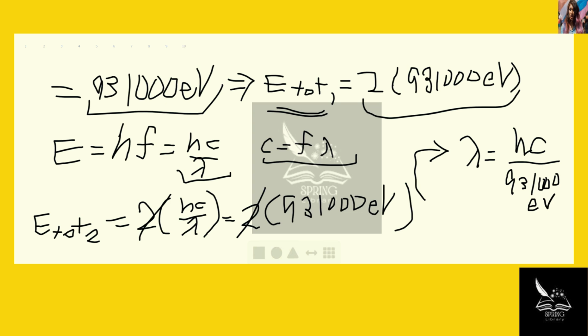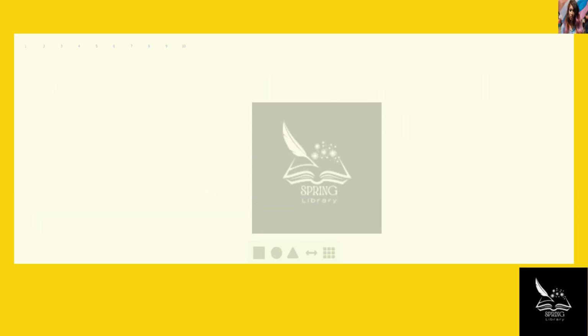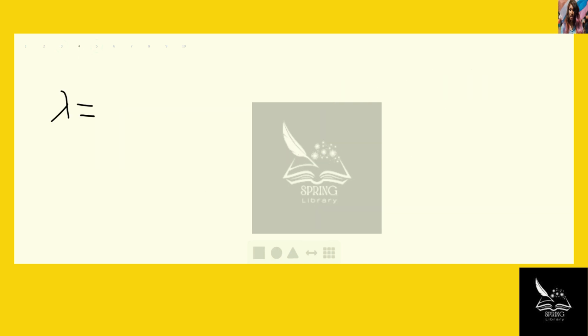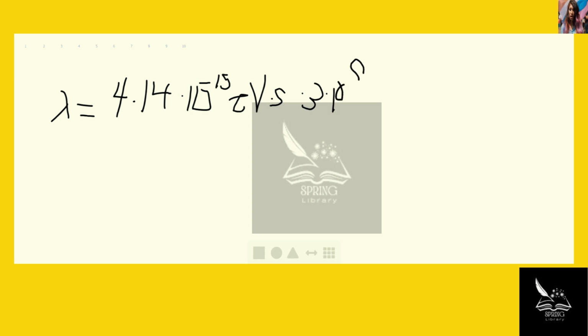Plugging into our equation, we have the constants provided here, in eV seconds, and we also have the speed of light. Putting those in, we have 4.14 times 10 to the minus 15 eV seconds times the speed of light, 3 times 10 to the 8 meters per second.